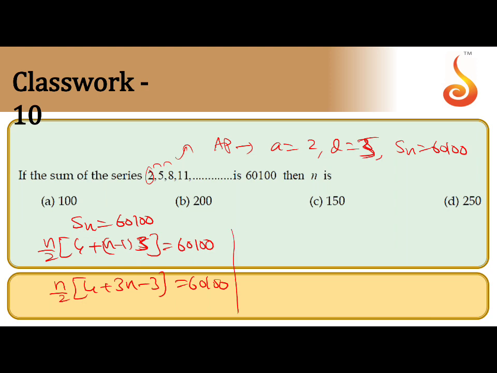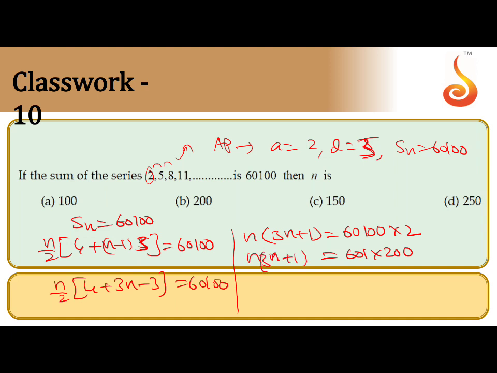We'll take 2 to that side. n into 3n plus 1 equals 60100 into 2. I will write this as 601 into 200. So n into 3n plus 1 I took as 601 into 200.